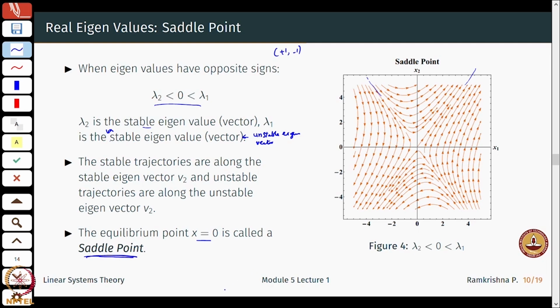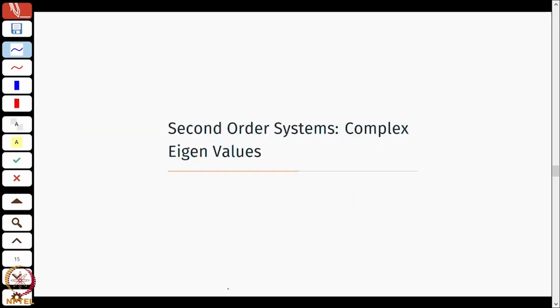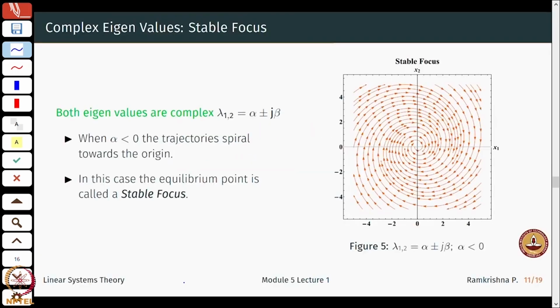Okay, so this was about real eigenvalues. What about the case when we have complex eigenvalues? Well, that case also turns out to be interesting. When both eigenvalues are complex, let me call them alpha plus minus j beta.